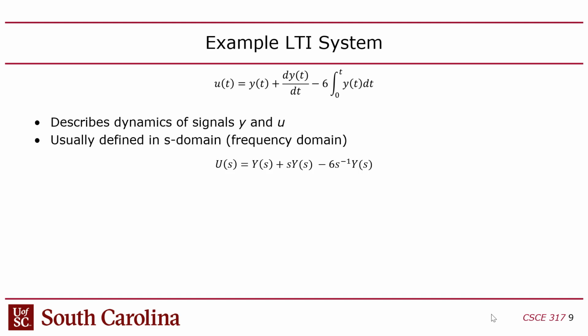But the real nice thing about this is that the first derivative is just translated into s. You multiply by s. If it's the second derivative, it would be s squared. Third derivative is s to the third power, right? Multiplied by the variable. And then if you have an integral, the first integral is s to the minus first power. The second integral is s to the minus second power, and so on, right? You guys had that, and you learned about that already, right? 222. Okay.